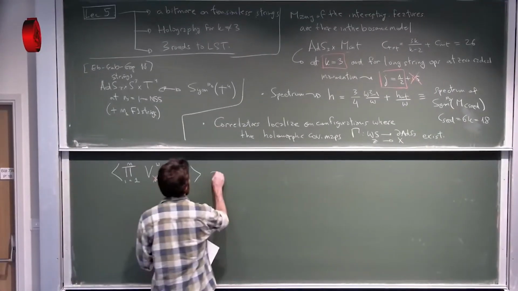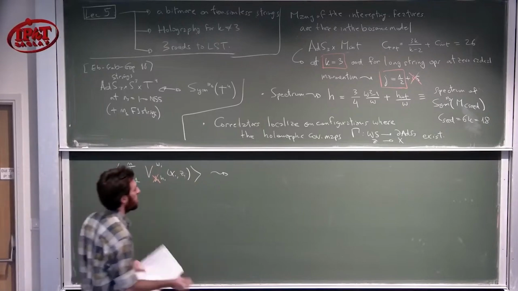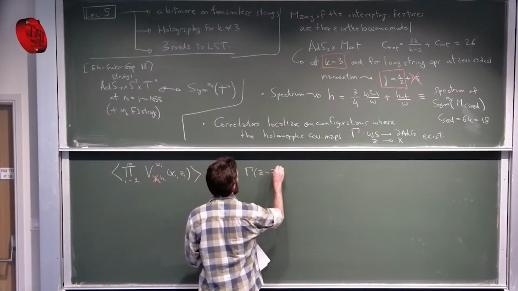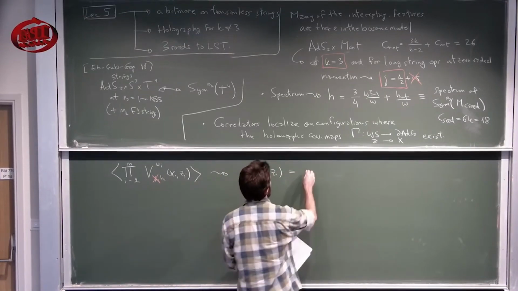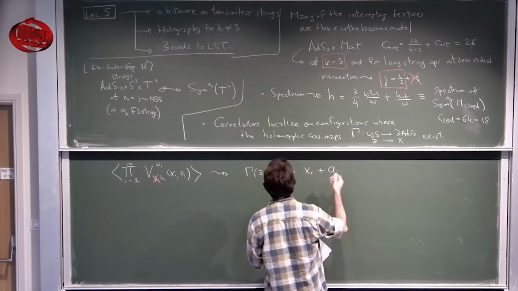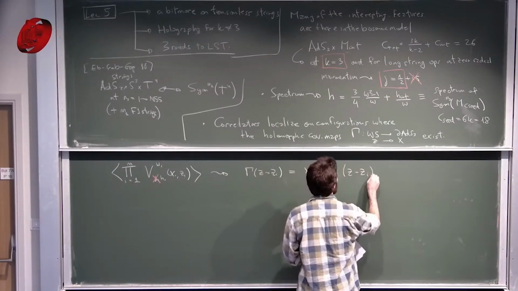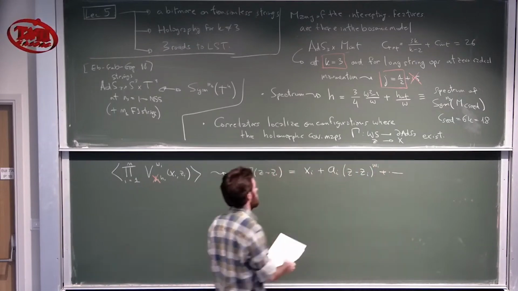And we tried to argue over the last couple of lectures that it was very useful to find a holomorphic function which, near each of the zi's, behaves as the corresponding xi plus some numerical coefficient times z minus zi to the omega i, plus higher corrections in z minus zi.